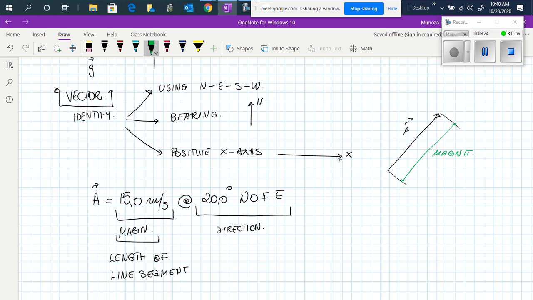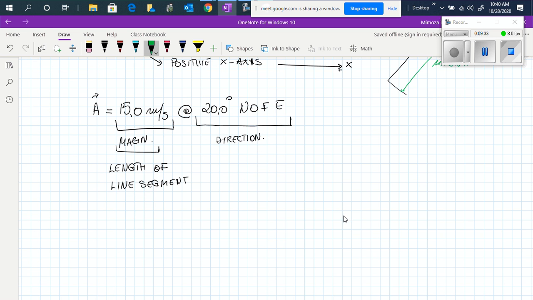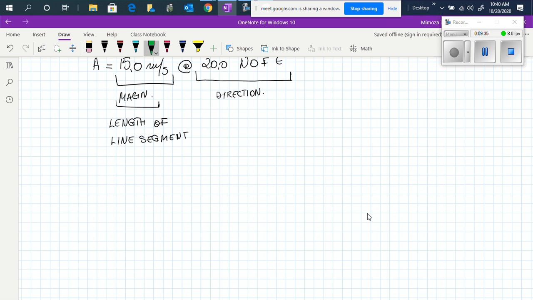And then the direction is telling us where the vector is standing in relation to the northeast, southwest axis. As you see here, the direction has two parts: the angle and the northeast, southwest direction.